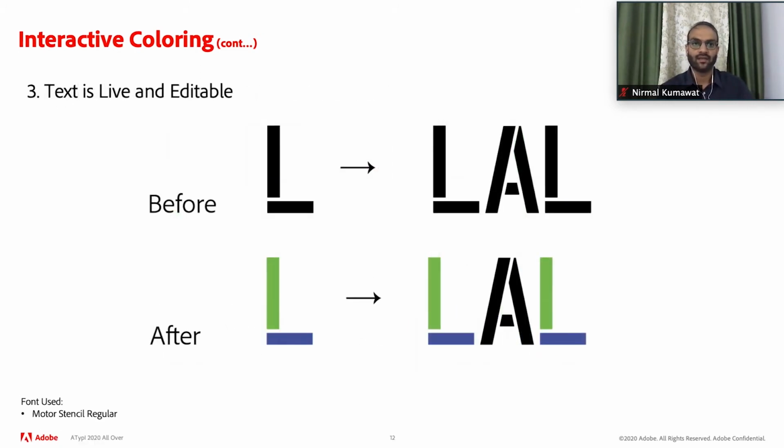Note that the text is still live, which means once a glyph is designed with certain interactive colors, I can reuse it and retype it for my design. Here, the glyph L has been designed with two certain colors, but whenever I retype it in the text run, I get the same appearance of glyph L.